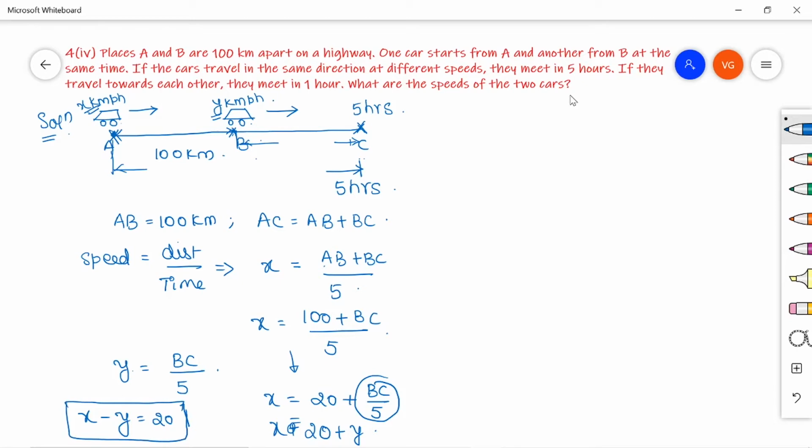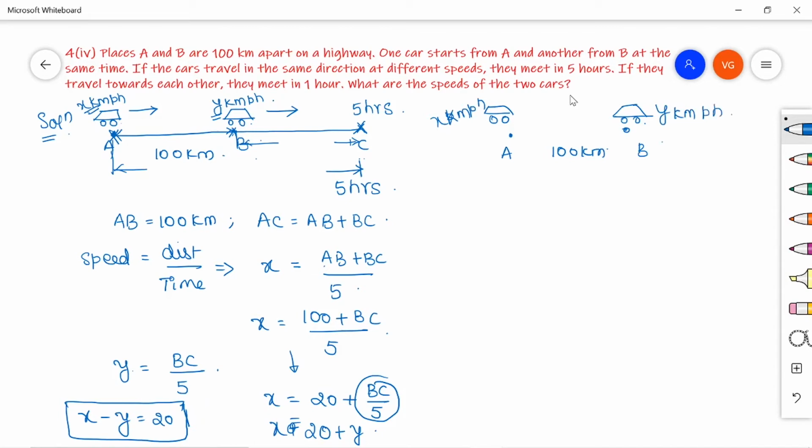Next, the second statement: if the two cars are traveling towards each other, suppose the distance from A to B is 100 kilometers, and both cars start at points A and B with different speeds, x kilometers per hour and y kilometers per hour.